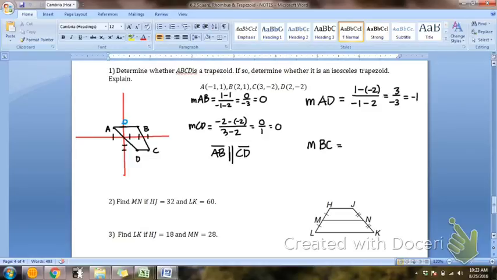Okay, and the slope of BC? (3 over -1) to make -3. So these slopes are not the same. So they are not parallel. All right, so is this a trapezoid? All right, so I would say ABCD is a trapezoid.